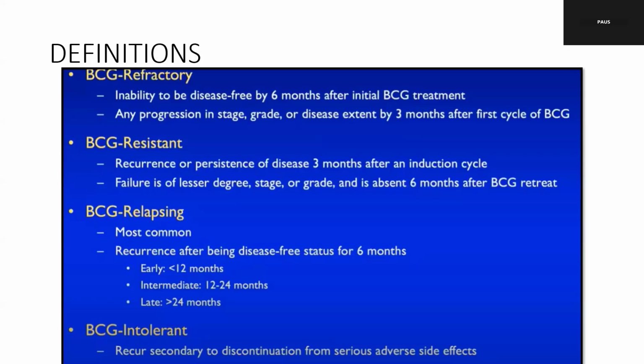But BCG resistant is not as severe as BCG refractory. At the end of the 3 months, you get a lesser degree or lesser stage of disease, but that gets cleared with the 6-month treatment. BCG relapsing: there was a period of no disease, then subsequently they develop disease, usually after 6 months. And BCG intolerance is due to side effects.